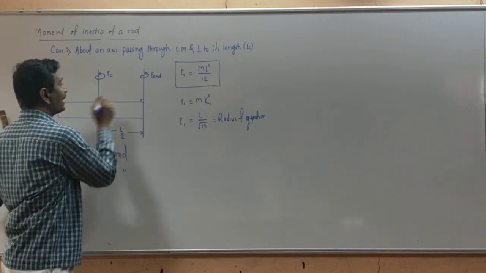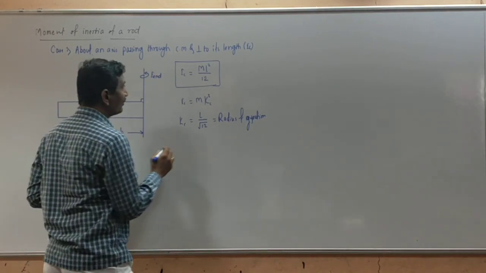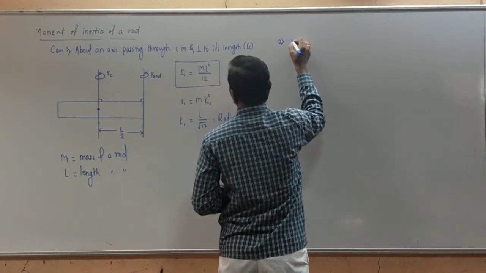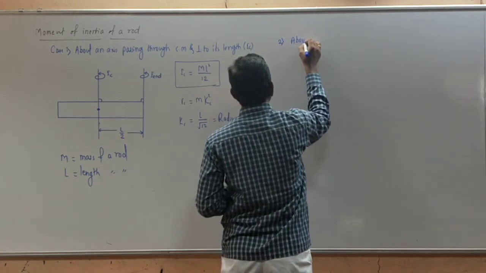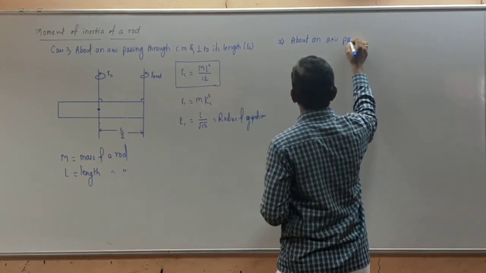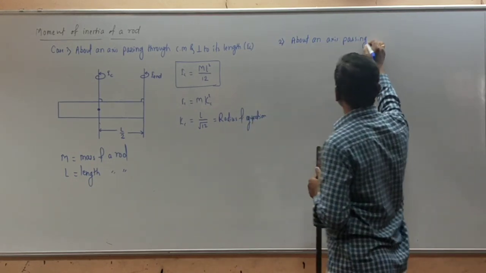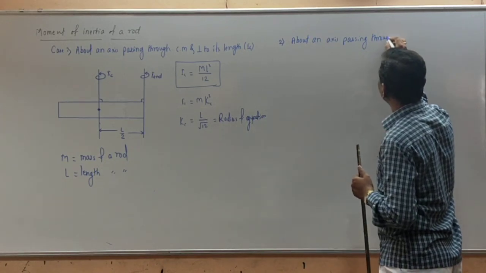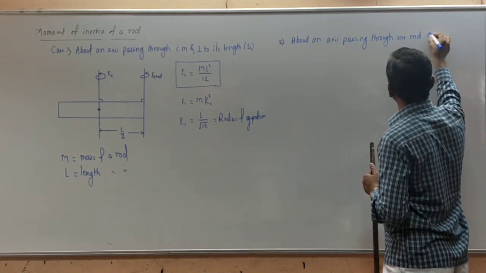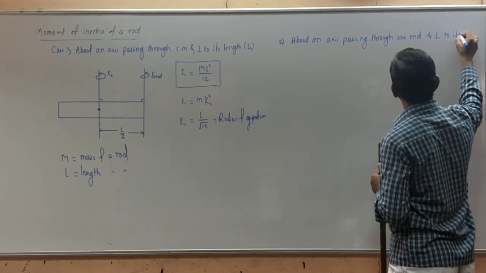So therefore we apply the parallel axis theorem for case number 2. Case number 2 is the moment of inertia of the rod about an axis passing through one end and perpendicular to its length.